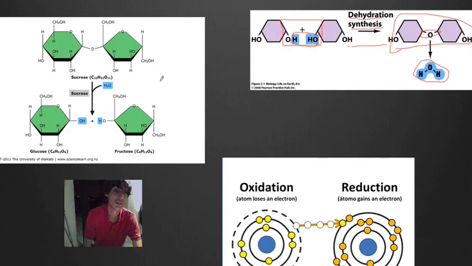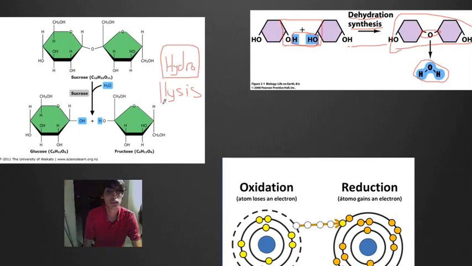Over here we have the reverse of this process. It's called hydrolysis. Hydro meaning water, and lysis meaning to cut. And the importance of knowing these roots is because whenever you see hydro, even if you don't know the word, you'll know it's talking about water.